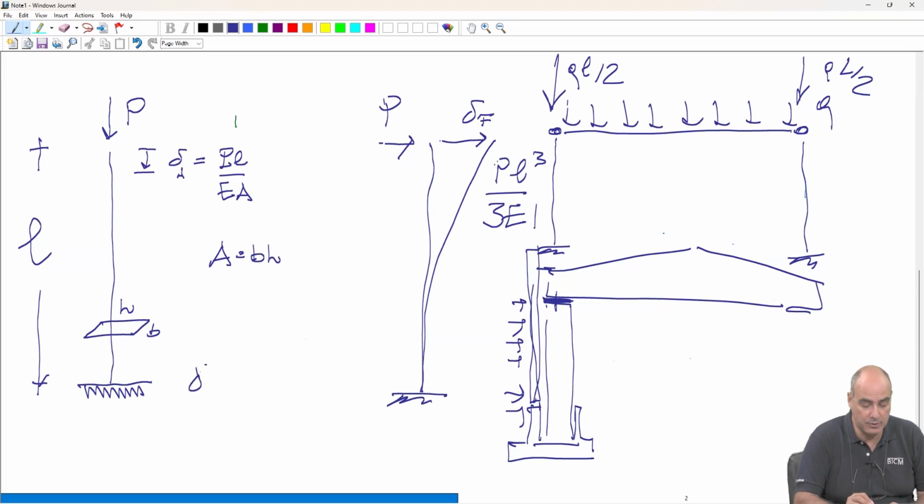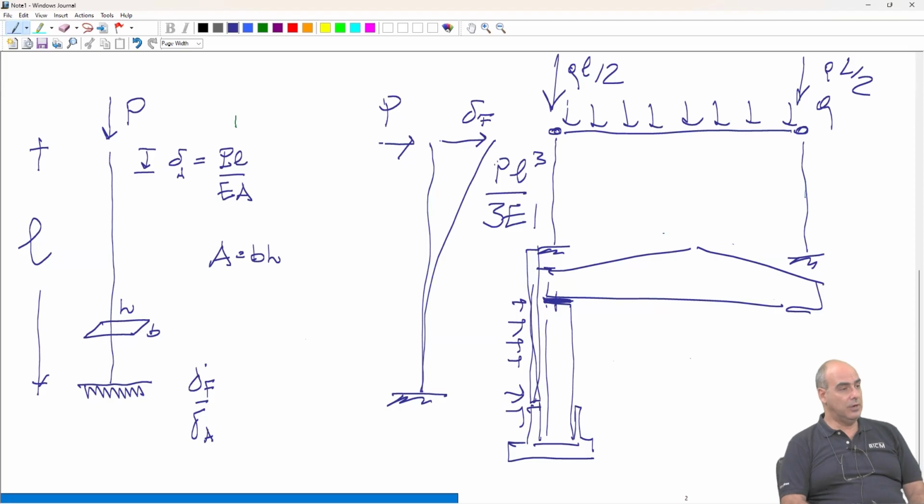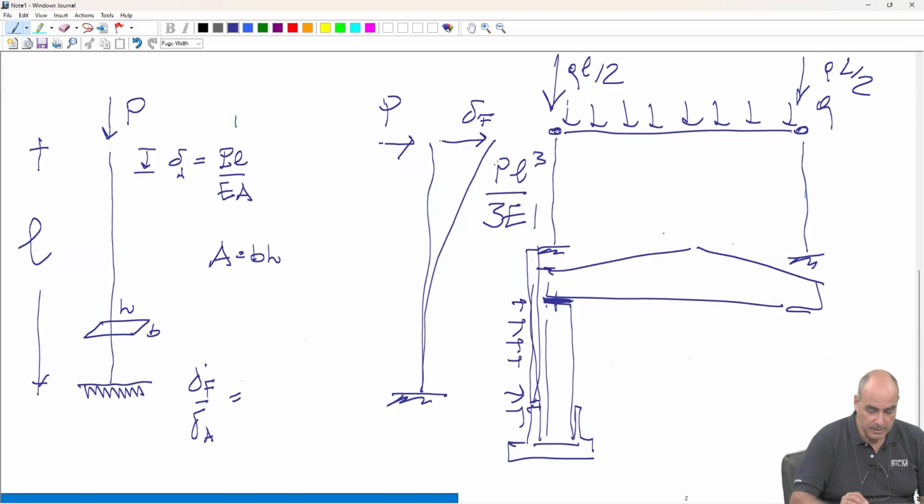Let's try to calculate the ratio, delta flexural over delta axial. So it's P L cube divided by 3 EJ times EA divided by PL.